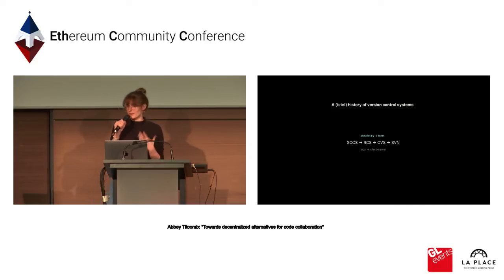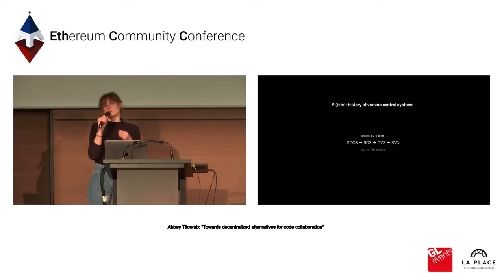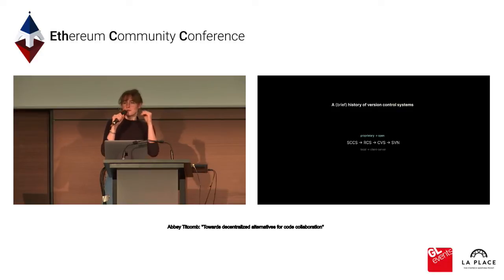Which was inherently kind of centralized. The concept of only having a central single repository that developers could access at one time. So people would have to check out code, like with SVN, and that piece of code would be locked to any other developer until that developer checked their changes back in.